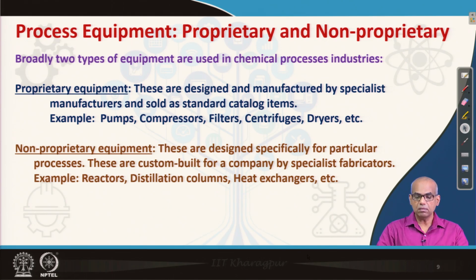These are custom built for a company by specialist fabricators. Examples are reactors, distillation columns, heat exchangers, etc. So, proprietary items are like standard equipment, whereas non-proprietary equipment are special equipment.